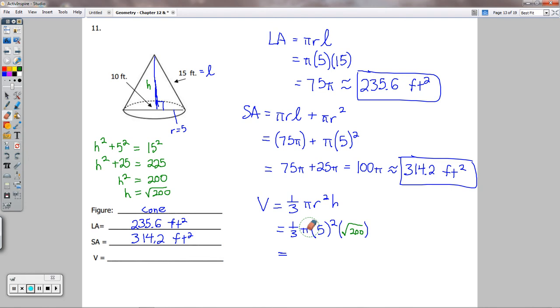That's going to be 370.2. So approximately 370.2, and that would be feet cubed in this case. So 370.2 feet cubed.